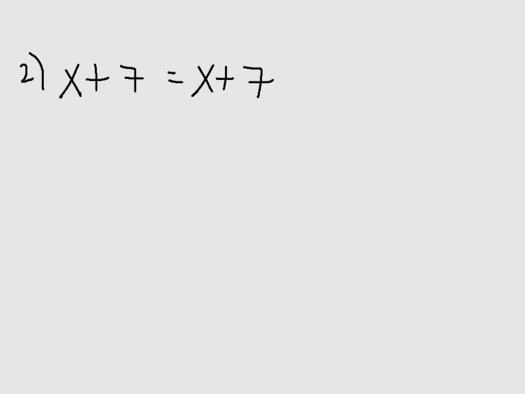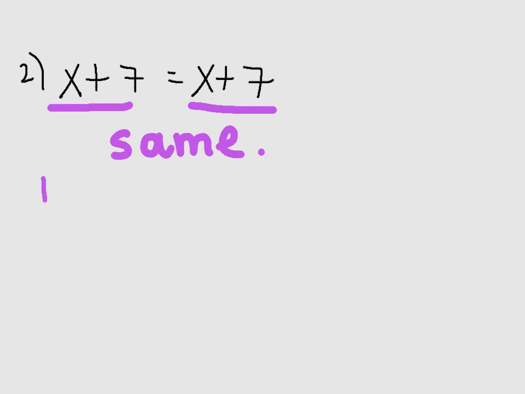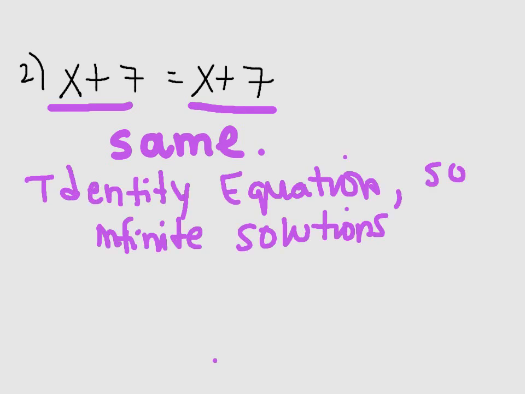Something easier. Here you have x plus 7 equals x plus 7. Without even doing this problem, you can just look at it and see the same exact thing on both sides. When you have the same thing on both sides, it's an identity equation, so it's going to have an infinite number of solutions.